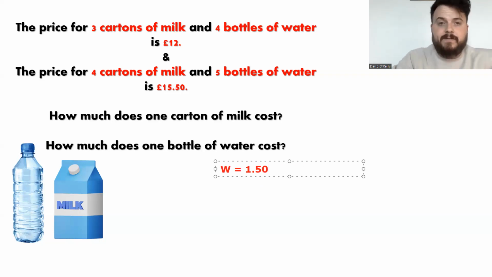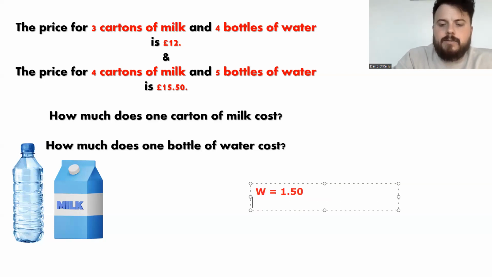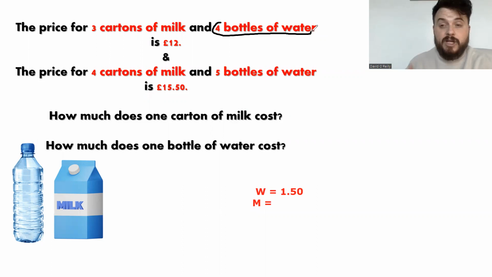Water equals £1.50. Okay, how am I going to work out the milk? Well, I now know that water is £1.50. Okay, and if I know that 1 bottle of water is £1.50, 4 bottles of water must be £6 because 1.50 times 4 is £6. Okay, again, column method if you don't know how to do that.